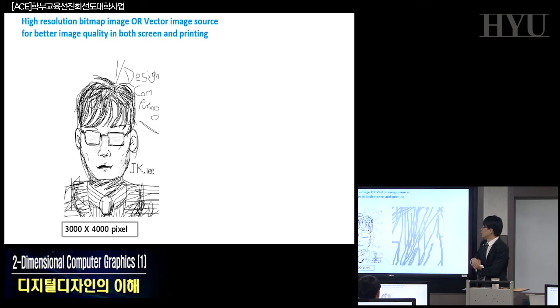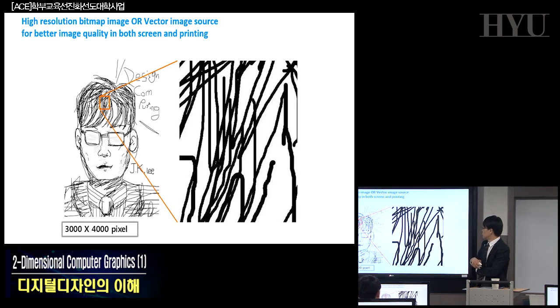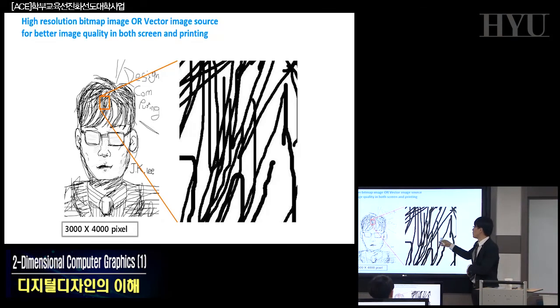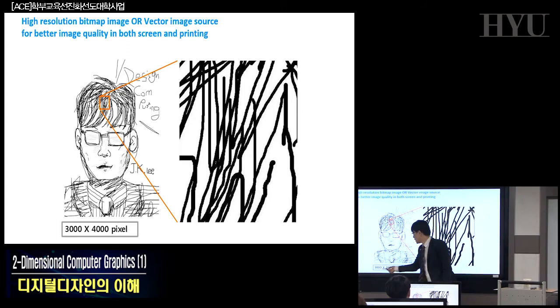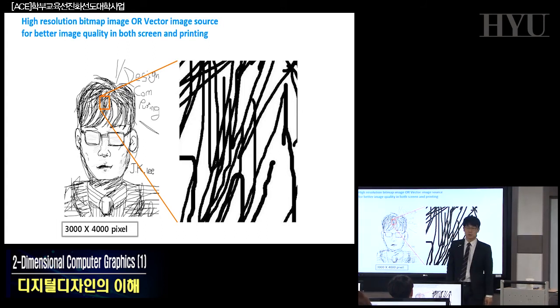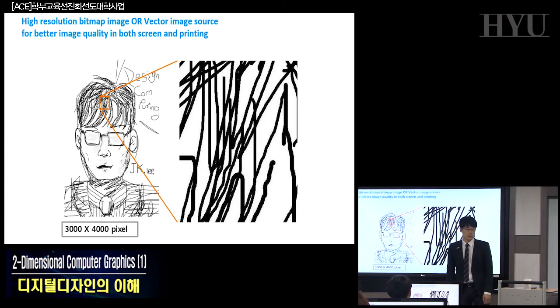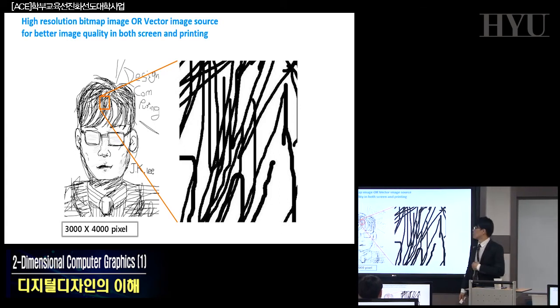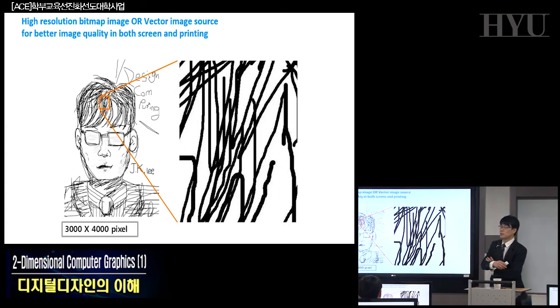Anyway, take a look at this one. Even if we enlarge, zooming in on a specific part, this one looks okay because the size of the picture is 3000 by 4000. In other words, a really, really large image, even if it's raster, bitmap.